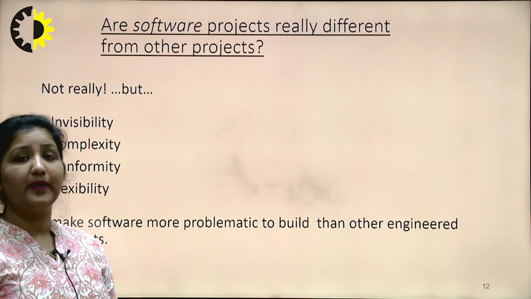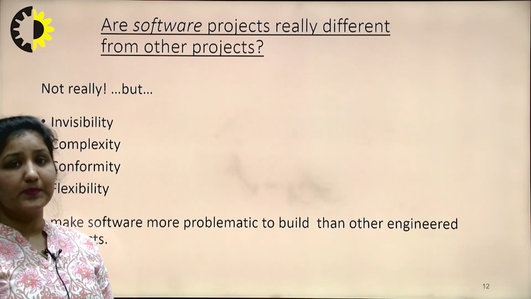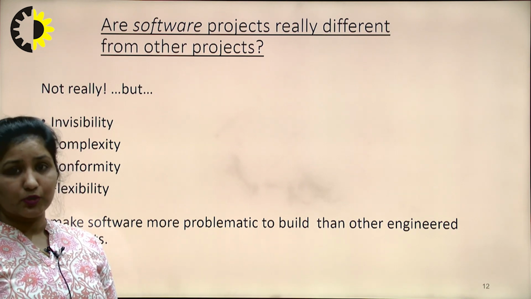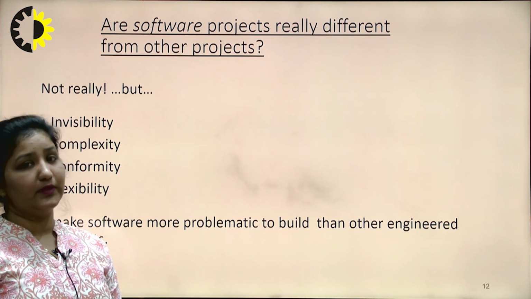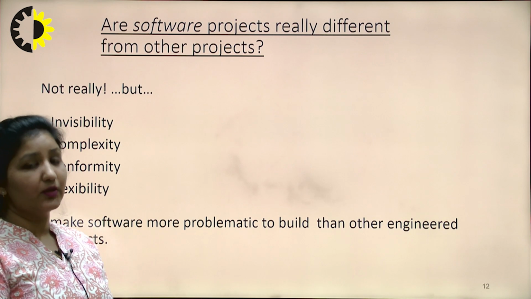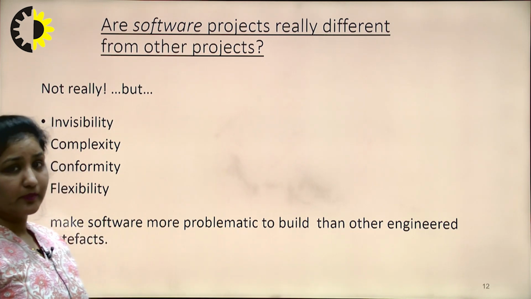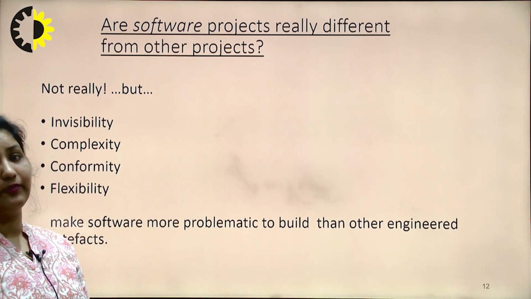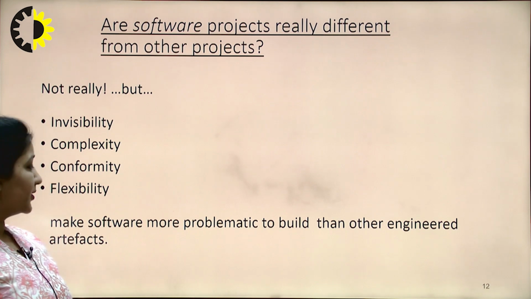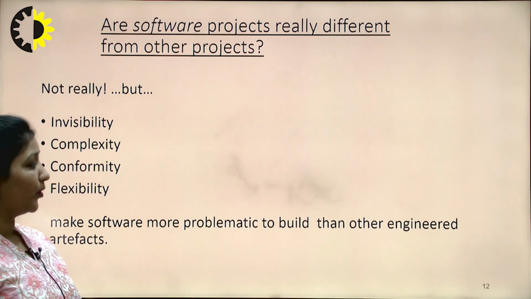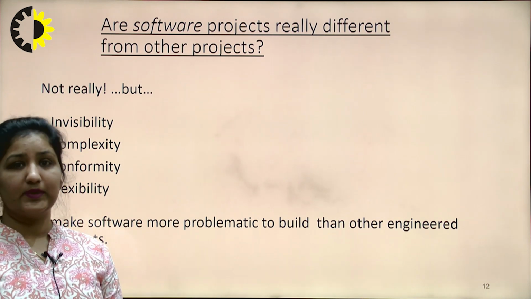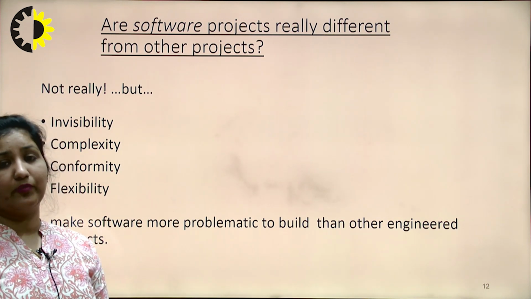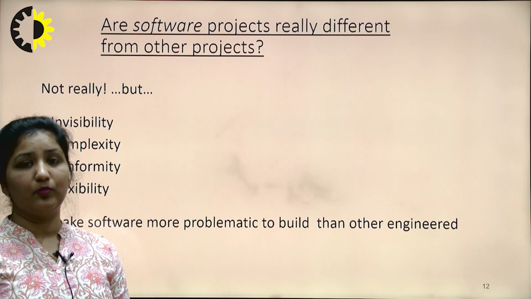Complexity: many techniques and specialisms are involved, so the project is complex in nature. Next is conformity, and finally flexibility. Software is more flexible, which makes it more problematic to build than other engineered artifacts. These are the differences where software projects differ from normal projects.